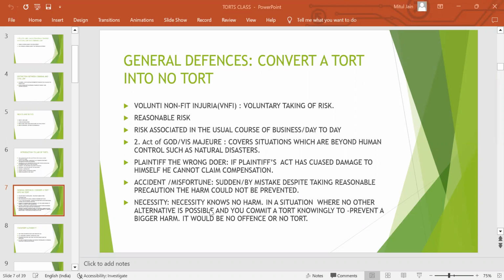Next one is accident or misfortune. Accident or misfortune means a case where despite taking reasonable care, the harm could not be prevented.